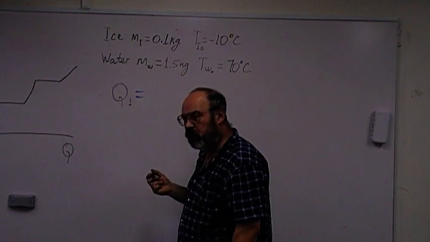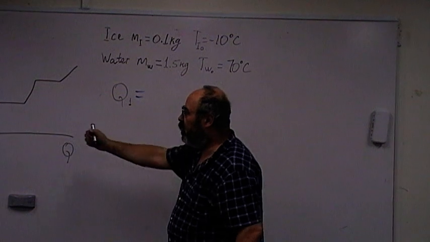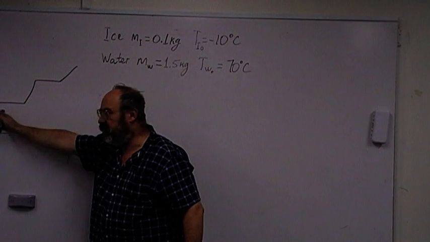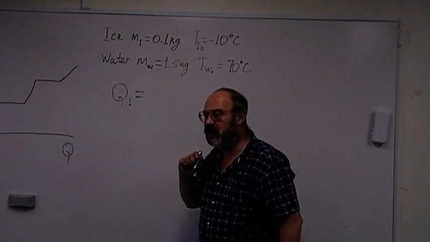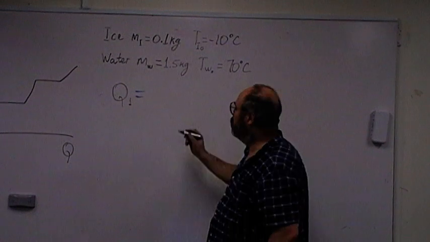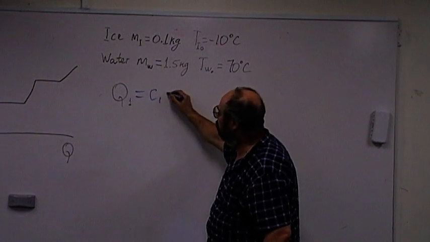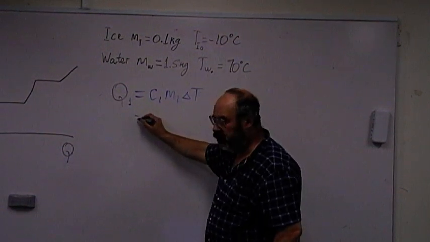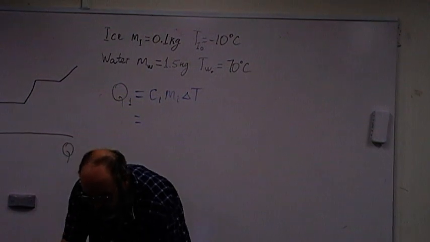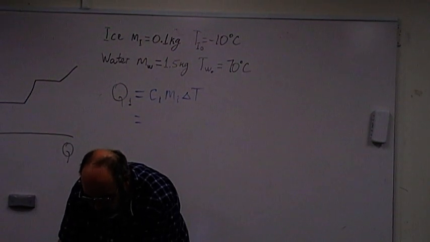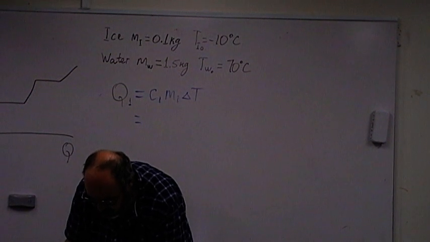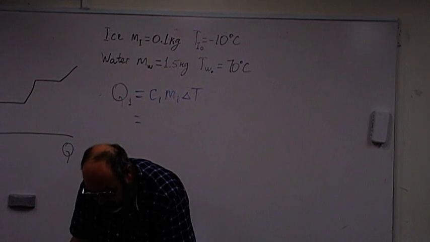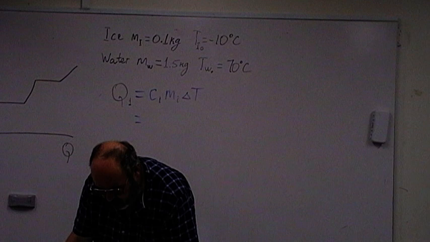So what formula do we need to use? On which part of this diagram are we? We are here, where we are heating ice. It's not melting yet, we're heating. So it's C of ice times mass of ice times change of the temperature. The specific heat of ice, let me check the table. 2093?